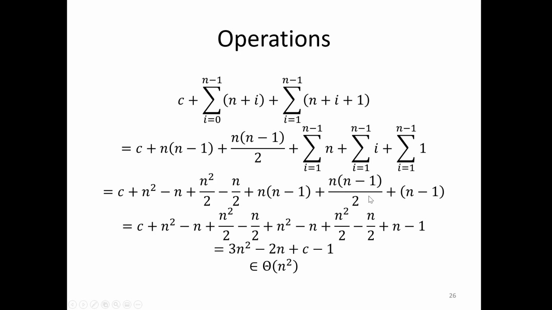We get a number of different terms in here. Gathering those terms together is enough for us to see that the final solution here is indeed a quadratic solution, and maybe that's all that we're looking for here. How many operations does it take? How many bit operations does it take to multiply two n-bit numbers together? Well, it takes us order of n squared bit operations, at least according to this grade school algorithm that we looked at.